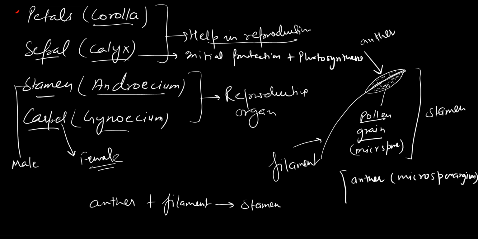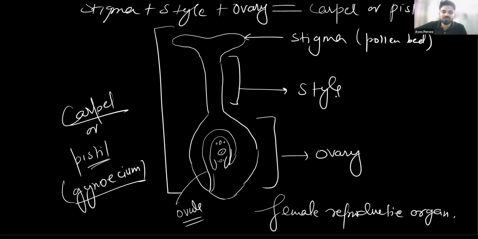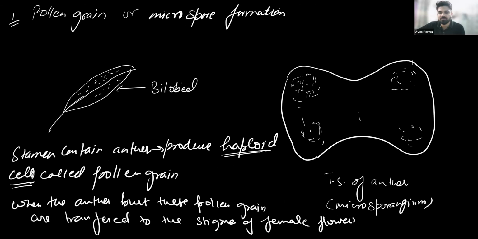Okay, let's move further. We have discussed this. Now you know that this is a pollen grain. This portion is called anther, and this is called filament, and together it is called stamen.